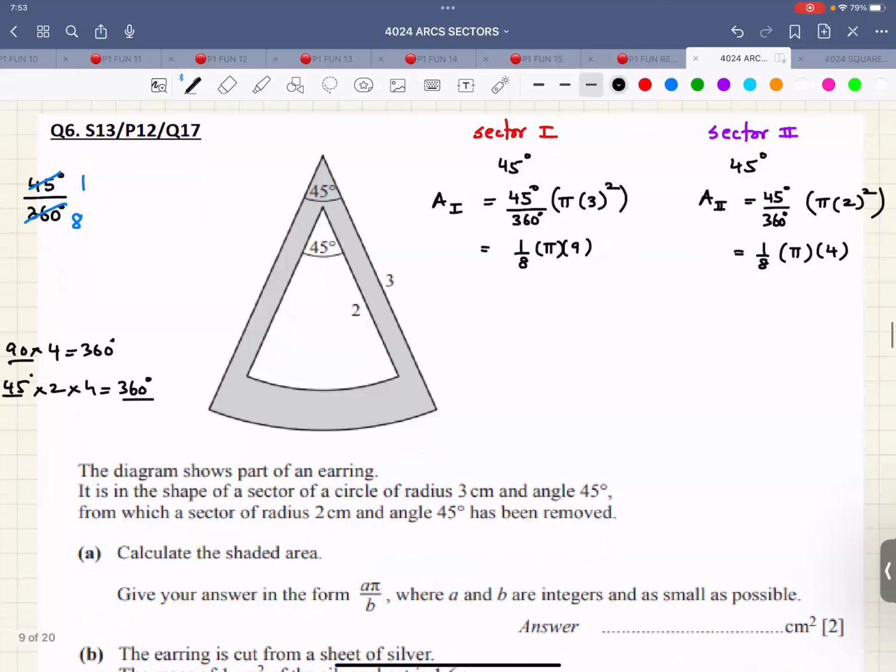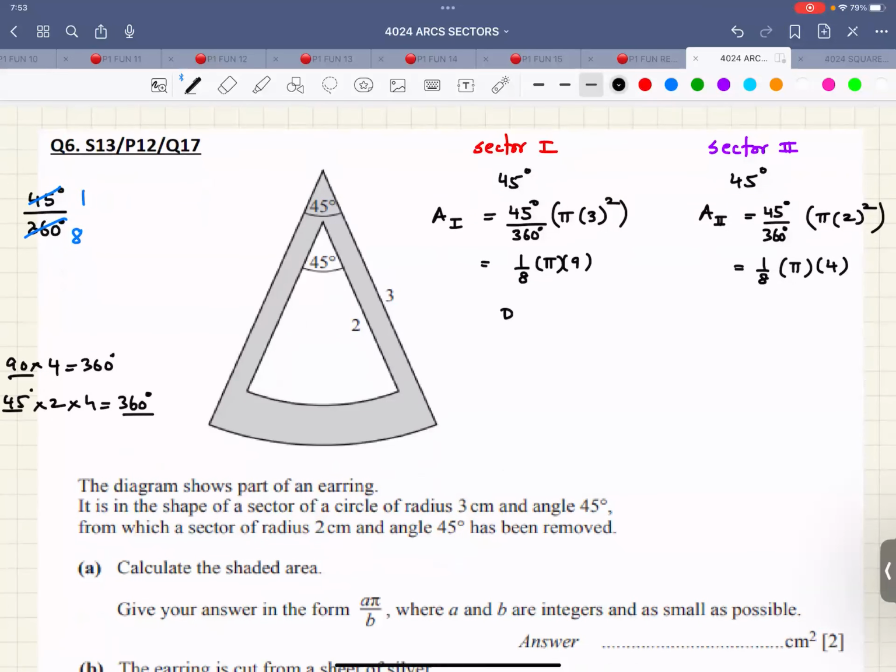Do not reduce. The difference is the shaded region. Area 1 is bigger, area 2 is smaller. So this is 9 over 8 pi. This is 4 over 8 pi. Why do you think I ask you not to reduce it? Because if the denominators are the same, I can simply subtract 9 minus 4, which is 5 pi over 8.